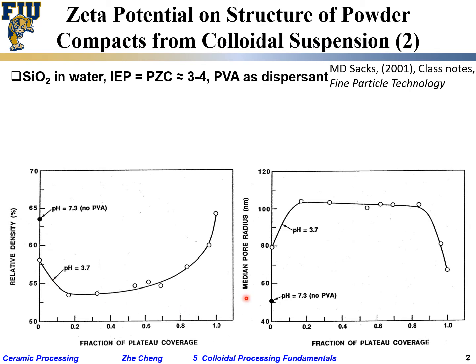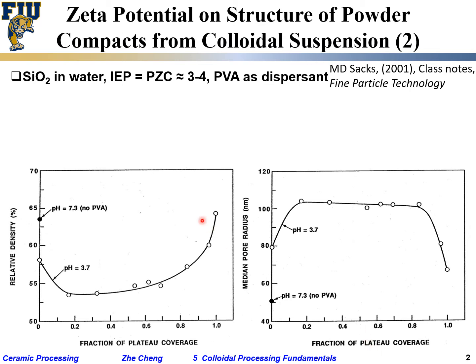Okay, the right one is for median pore radius. Okay, for example, you use gas adsorption. Remember the nitrogen gas adsorption analysis? Or you can use SEM. You can get so-called pore radius, roughly the pore size, versus similarly fraction of polymer coverage.